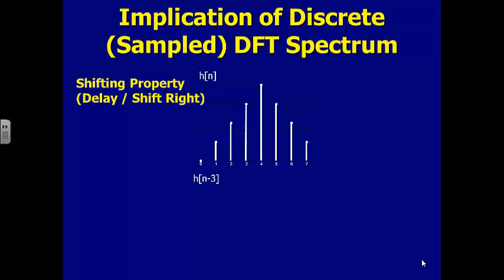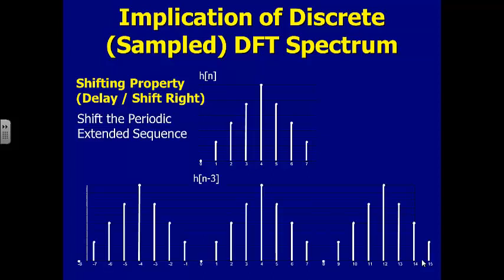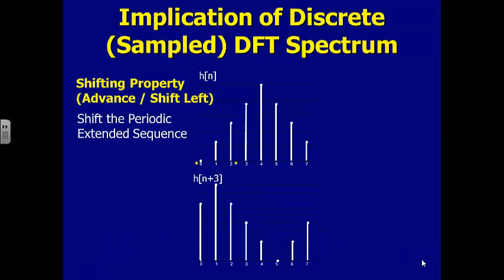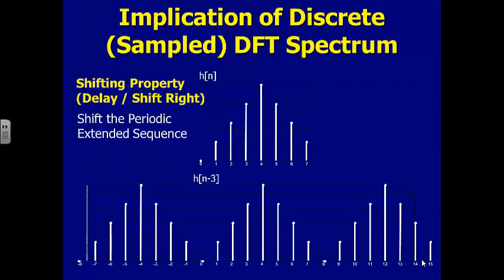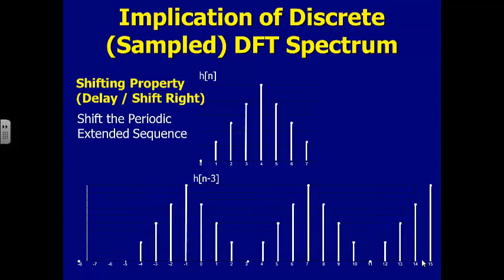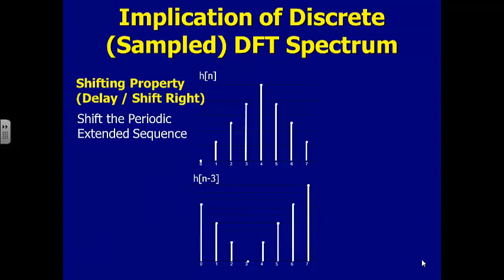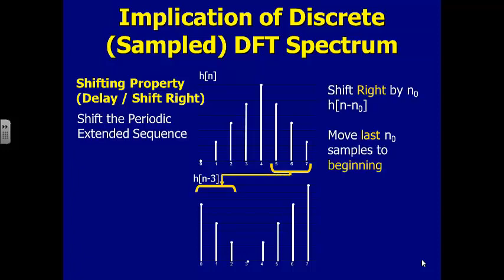If I did that, what I would get is as if I took this periodically extended version and shifted it, and kept the same number of samples. I get a circular shift, right? These ones here fell off the end, came around to the front. End around carries, arithmetic shifts, what do they call it? Arithmetic rotations, not logical rotations.